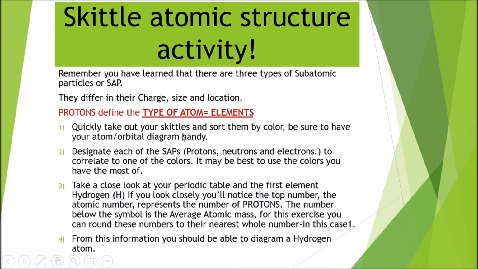Now you need to take out your Skittles and get ready for that activity. You're going to be making your own atoms by practicing the amount of protons, neutrons, and electrons in an atom. You're going to start out with hydrogen, and this is where you're going to need to use your periodic table that I gave you access to.